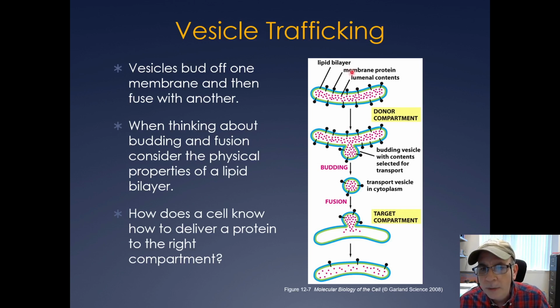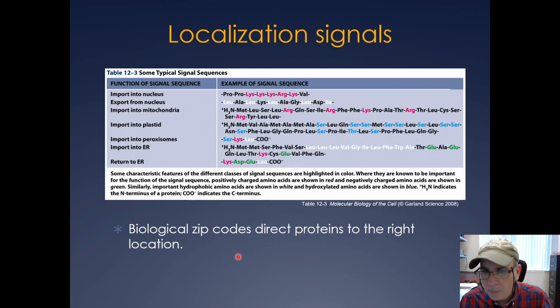So that's a big question that the cell has to overcome, and it actually has kind of a simple answer. Okay, proteins get targeted to different compartments because they have different localization signals on them. And these localization signals are oftentimes small stretches of amino acids.